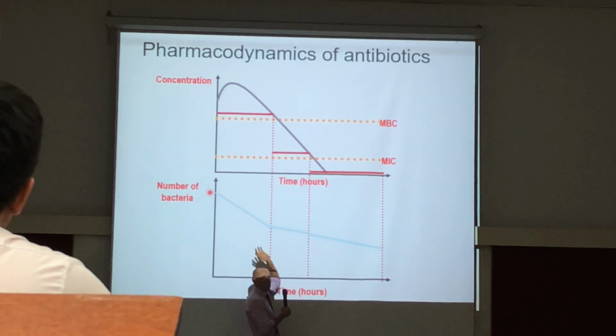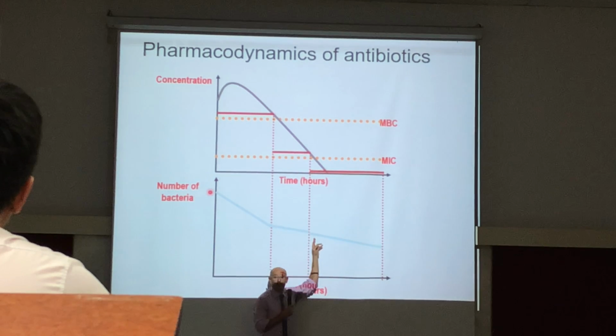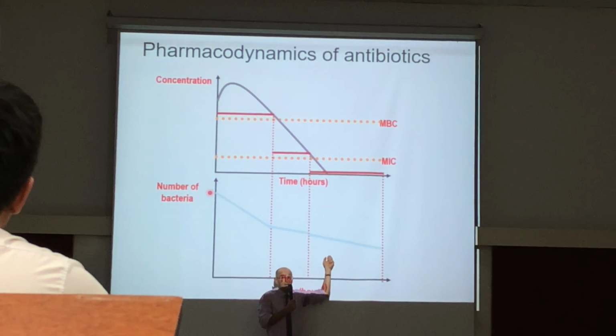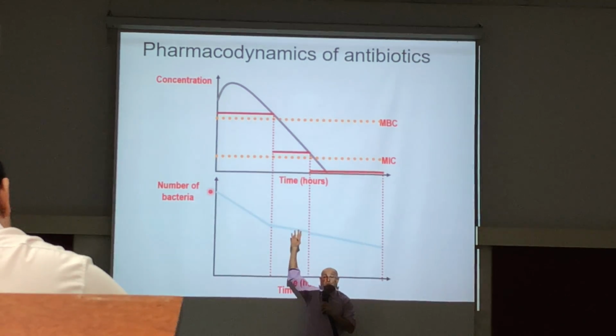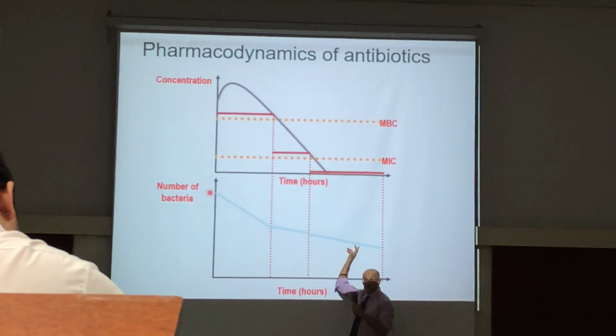They have been, as I told you, bombed and shot. Even if the drug is lower than the MIC, it still has an effect on some of them that are very weak due to the high concentration of the drug before. So you have a reduction.